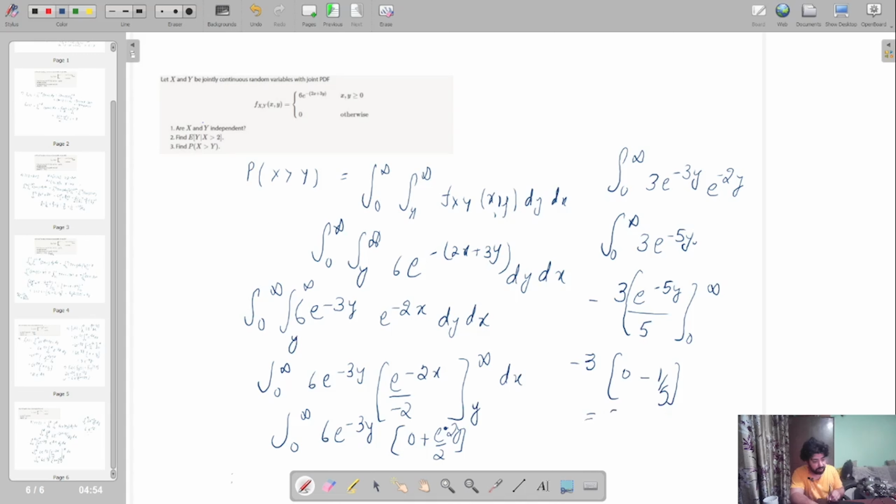So if I solve this, I'll have 3/5, which is the answer for finding the probability of x by 5. So it's 3/5. Alright, so this is how you solve this problem. Let us move to the next one.